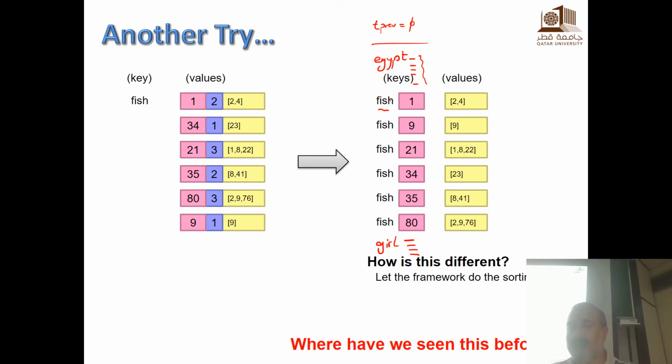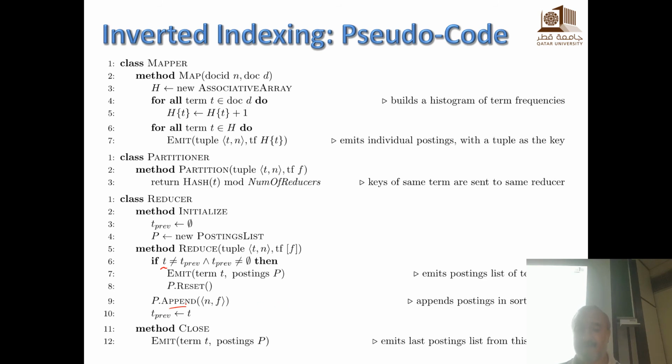So once we get a new term, then the previous one is ready to be emitted, which is this line. So we'll emit the complete posting, and we'll just reset it to be ready for the next one. And notice that we don't return from here. So that's not the end.